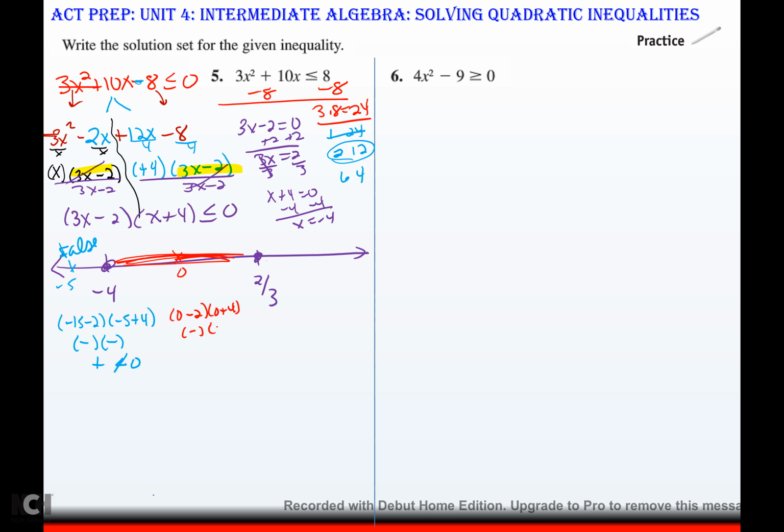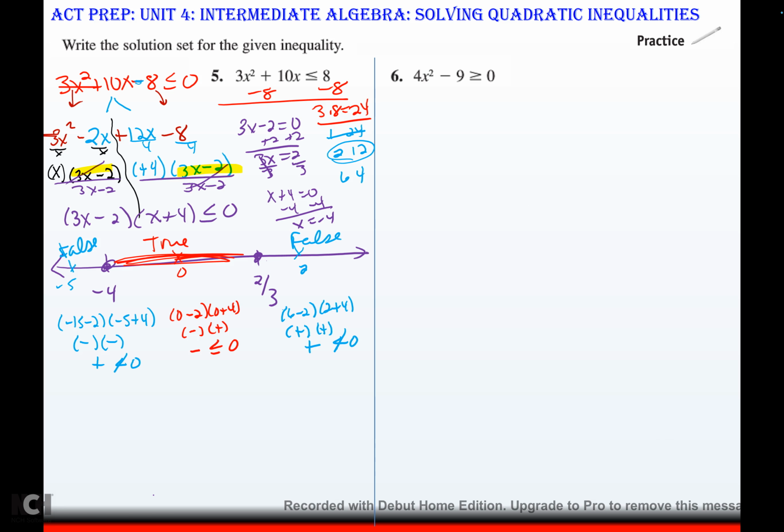That's a negative, that's a positive, which is negative, which is always less than or equal to 0, so it's true here, just like I thought. Pick something bigger than 2/3. Well, 2/3 is 0.6 something, so I'm just going to pick 2. 3 times 2 is 6 minus 2, and 2 plus 4. That's a positive, that's a positive, which is a positive, which is never less than 0. So like I said, that section is false.